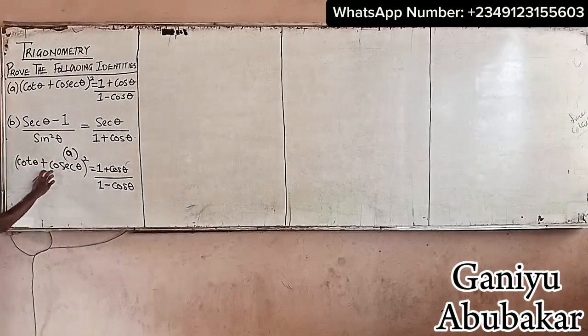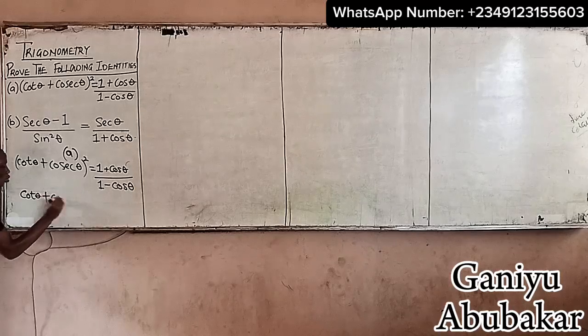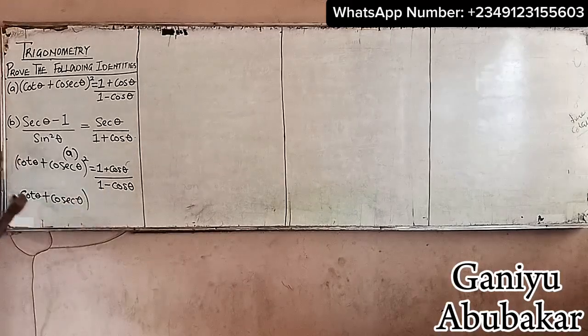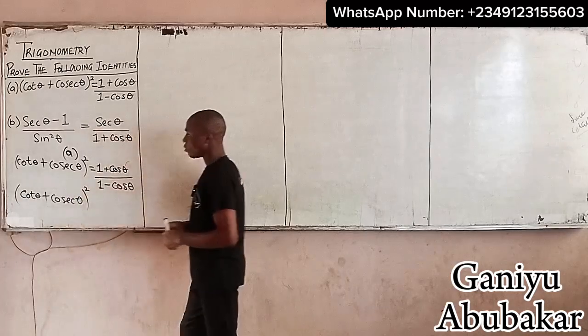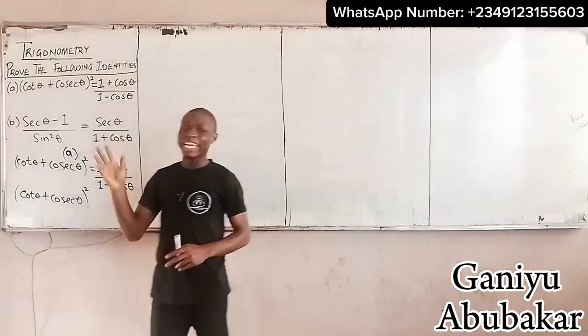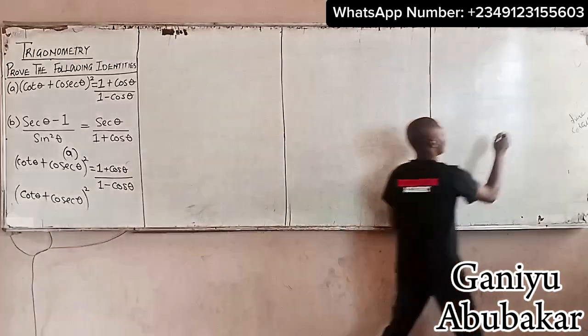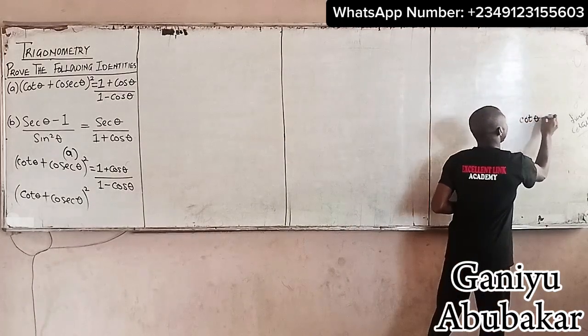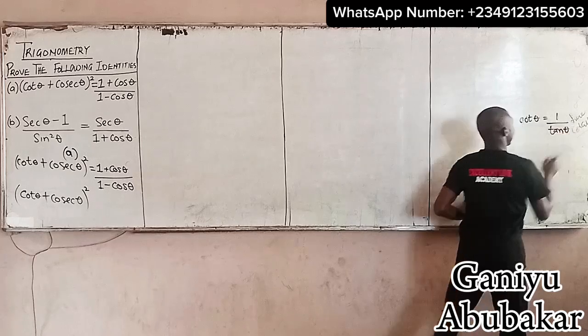Let us first pick out this one here. So I have (cot theta plus cosec theta) all squared. From here, what we know before now in trig identities, as we discussed in our last class, is that cot theta signifies 1 over tan theta.